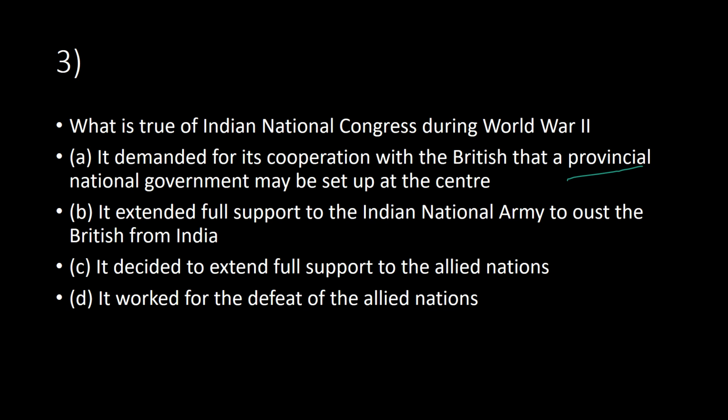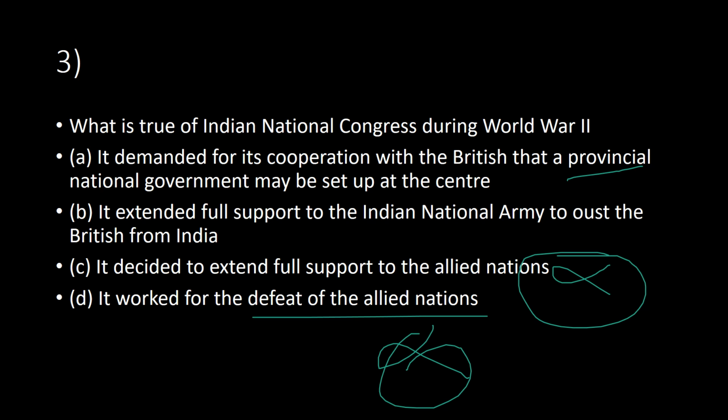And it decided to extend full support to the allied nations. This is never going to happen, because we're not going to get anything by supporting the allied nations. And it worked for the defeat of allied nations. It is also not the one, because we were a bit selfish and demanded cooperation with the British so that a provisional national government should be set up at the center. This is why the Indian National Congress agreed to work during World War II.